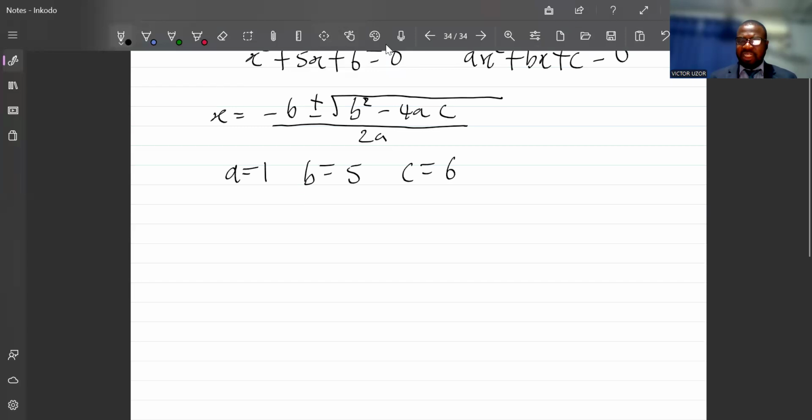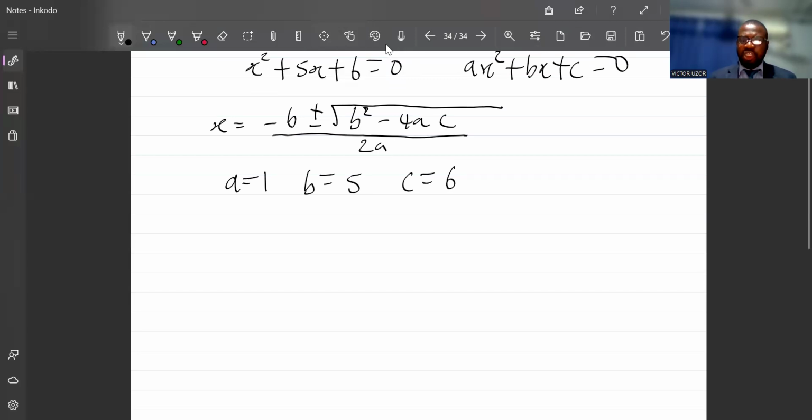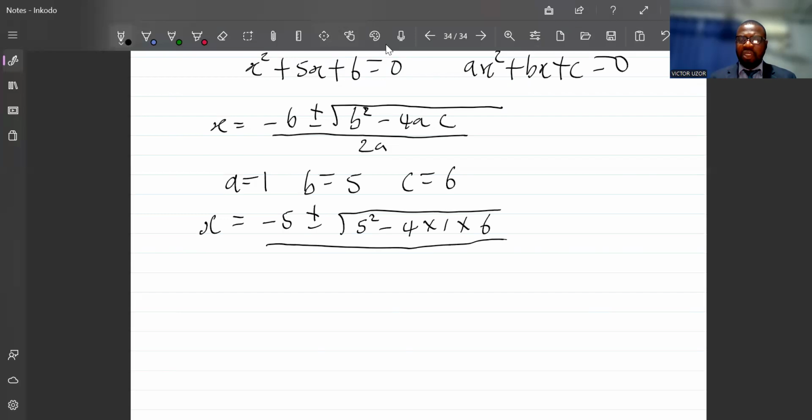Having that in mind, I can input them in the formula. x is equal to, remember my b is 5, so I have negative 5 plus or minus square root of b squared, which is 5 squared, minus 4 times a, which is 1, times c, which is 6, all over 2 times 1.